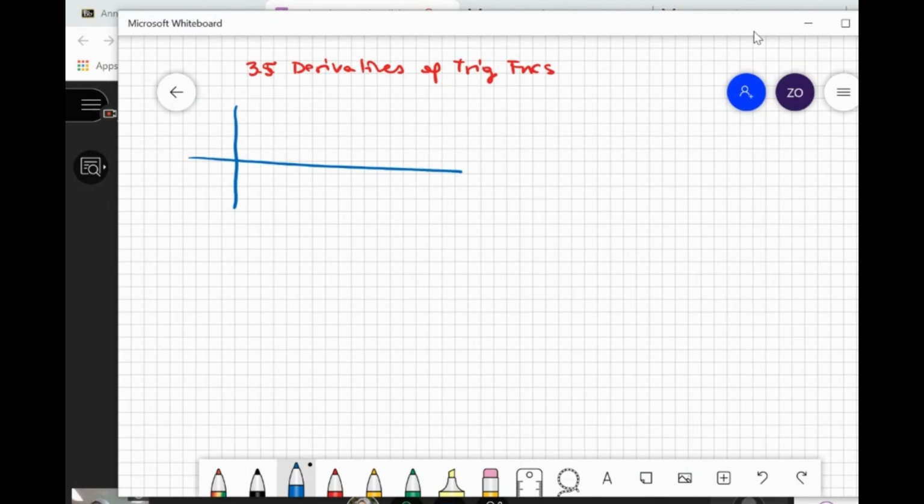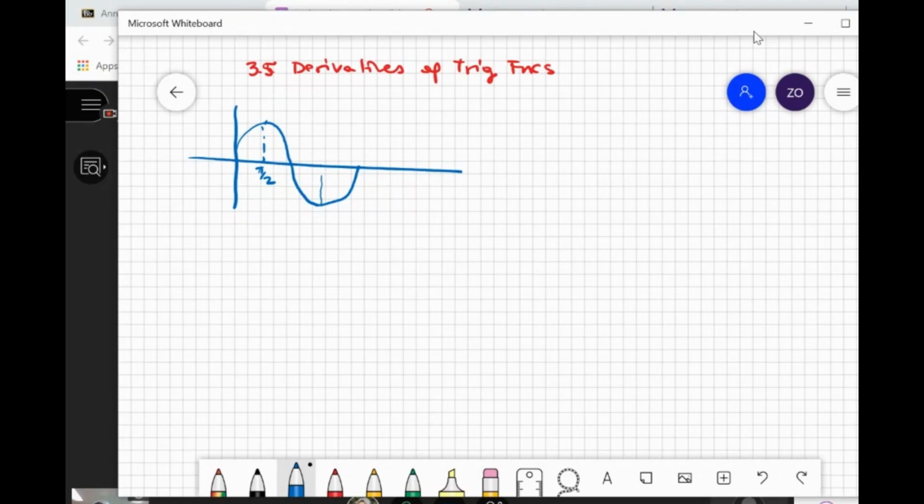So sine of 0 is 0, and it increases to 1 at pi over 2, and it decreases back to 0, and in fact until negative 1, and it increases back to 0. So it goes up and down.